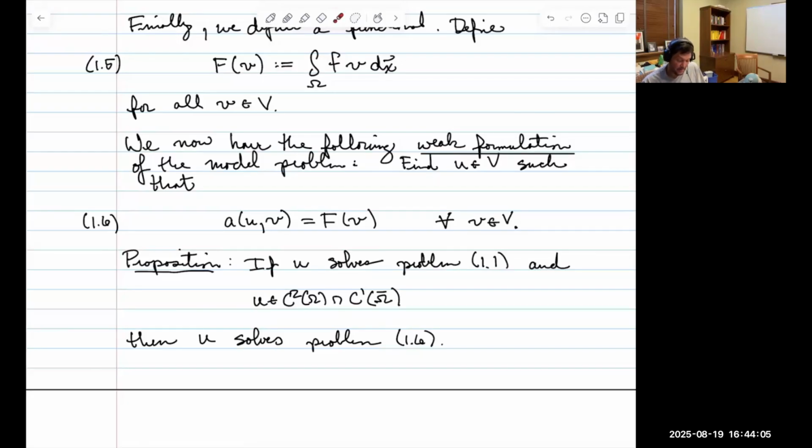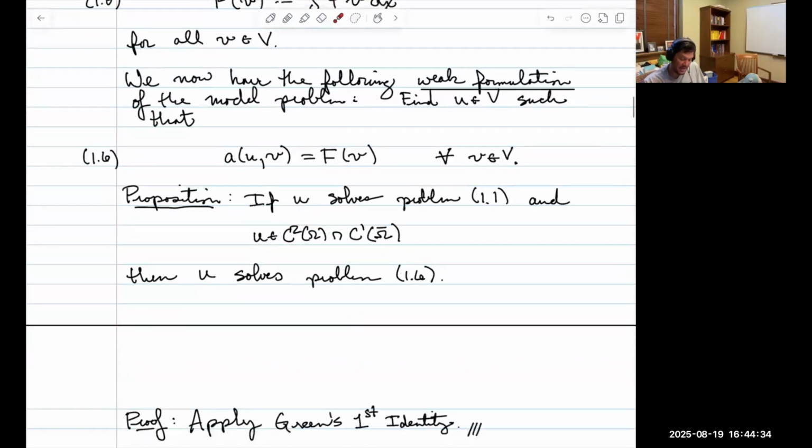Well, it turns out if u solves the original problem and has a lot of smoothness, then it also satisfies the weak problem, which doesn't require as much smoothness, because for the test functions and for the solution space itself, our demands are only that v has one continuous derivative in the interior. All right, so here's the mathematical statement.